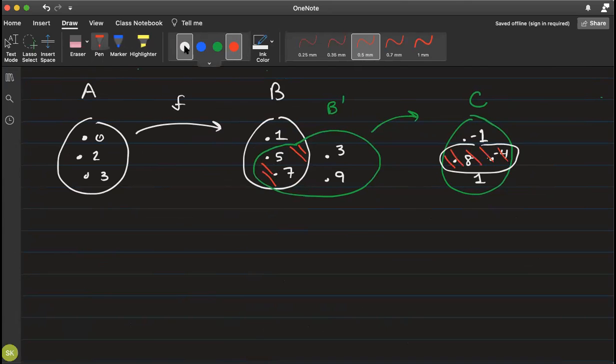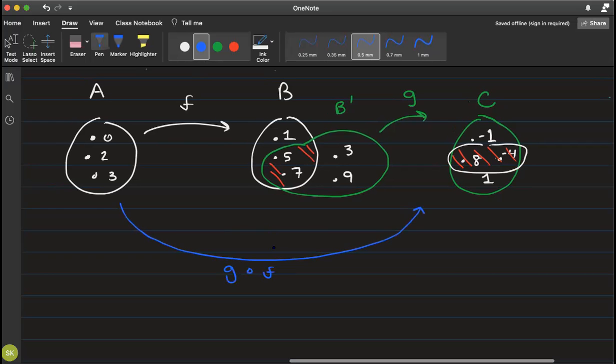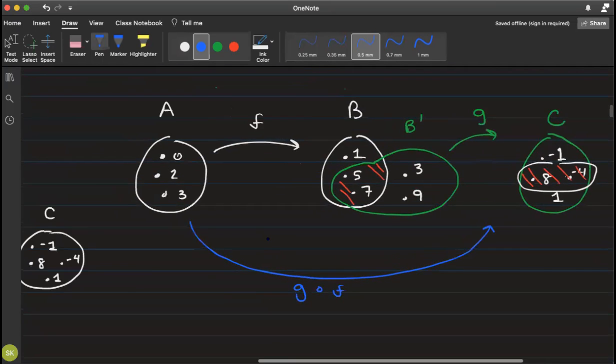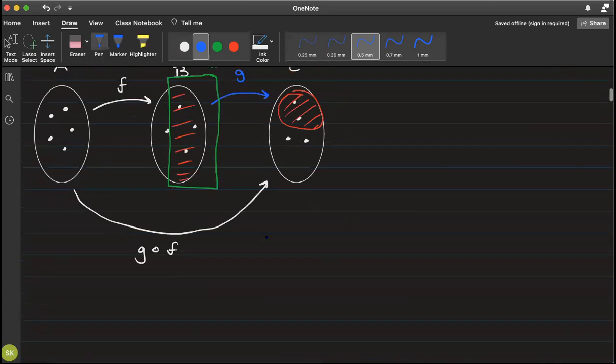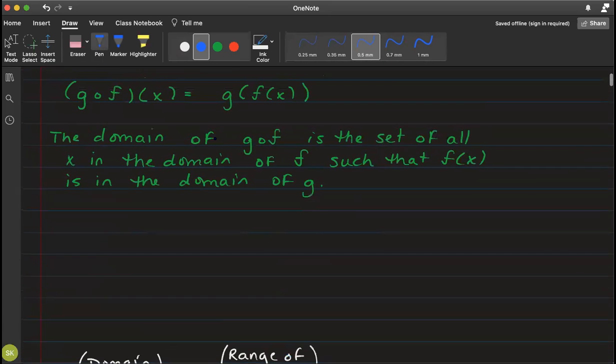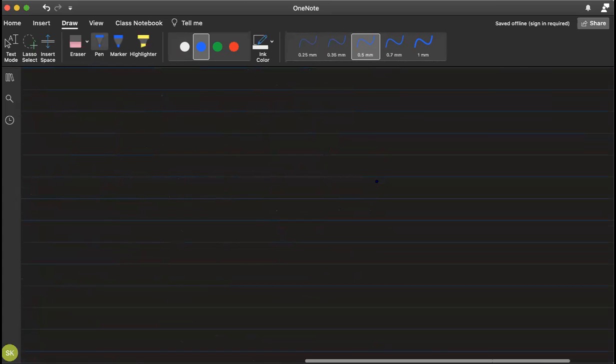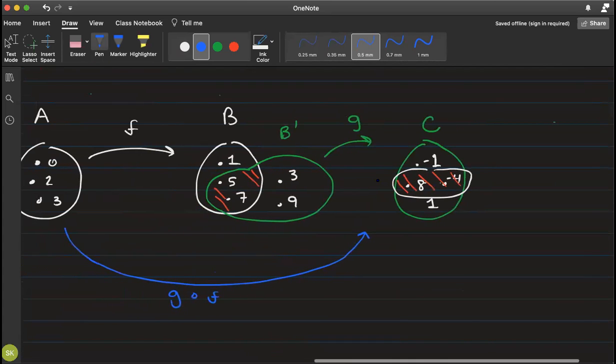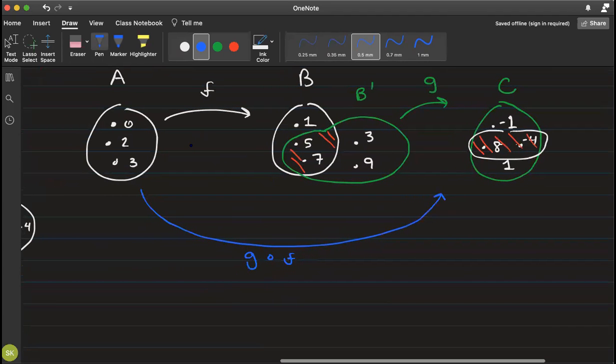Now let's figure out what the domain of g composed of f is. Let's put that here. Now remember the definition. Let me go way back up here. The domain of g composed of f is the set of all x in the domain of f such that f of x is in the domain of g. Okay. Come back over here. So what got sent to 5 and 7?